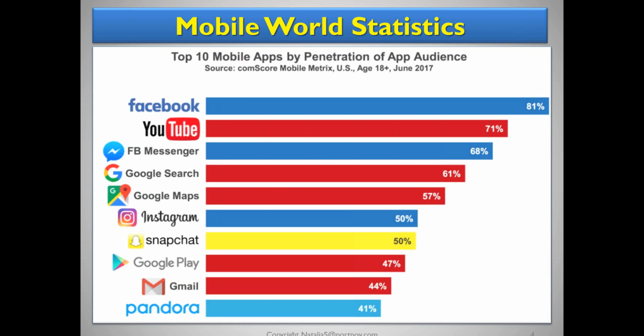Snapchat, and the Google Play Store is very popular because it is a marketplace for Android, and the number of Android devices greatly exceeds the App Store and Apple devices.